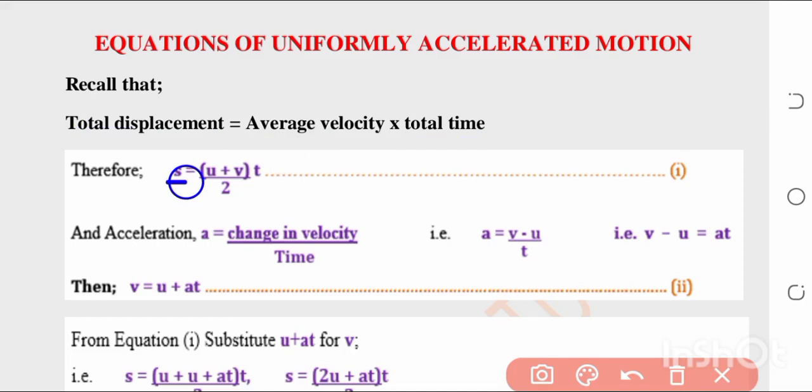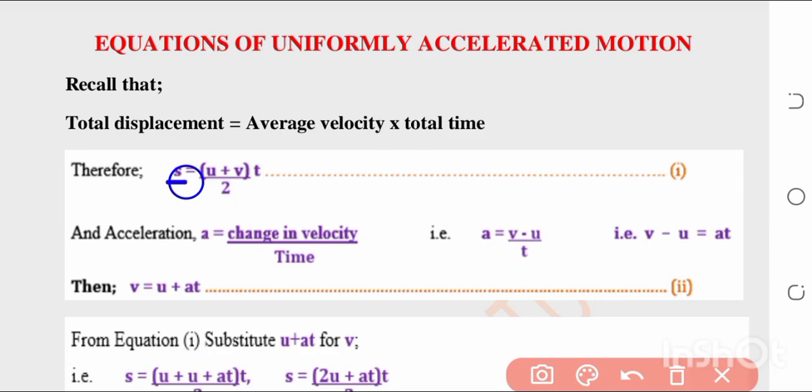This statement of the definition of total displacement represents the first equation of uniformly accelerated motion. Whenever a problem is talking about a body moving with uniform acceleration, we can use this equation to solve it. Now let's consider the second one.